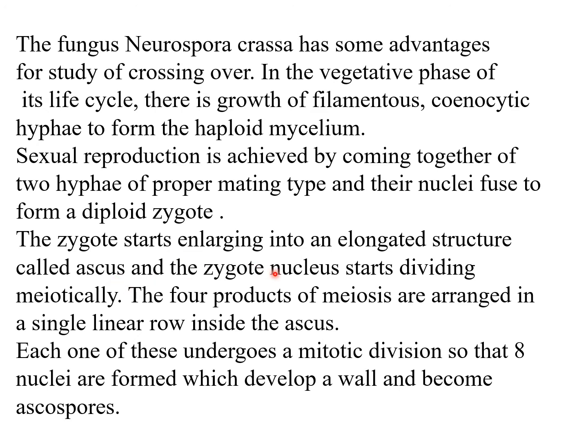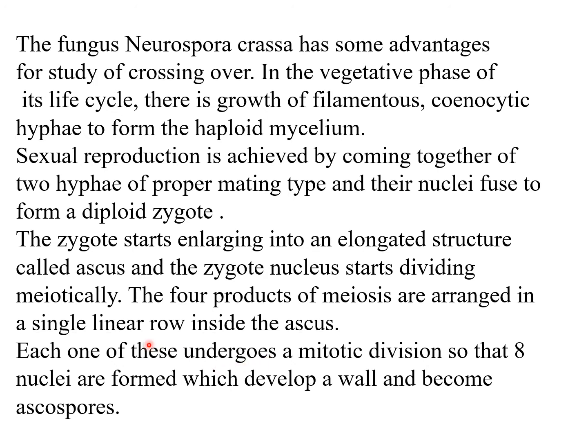Then this zygote nucleus starts dividing meiotically. Here the first meiotic division followed by the second meiotic division takes place, which results in formation of 4 products which arrange themselves in a linear form inside that ascus sac.